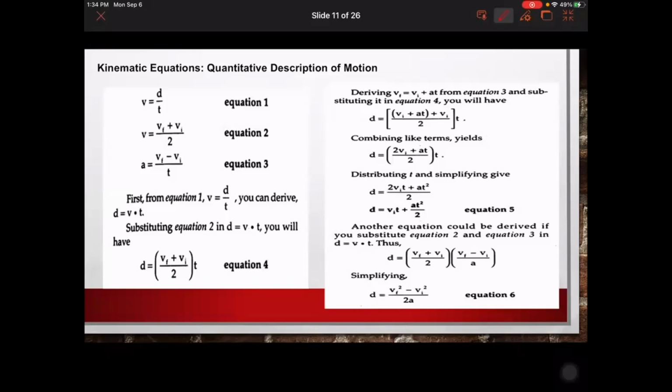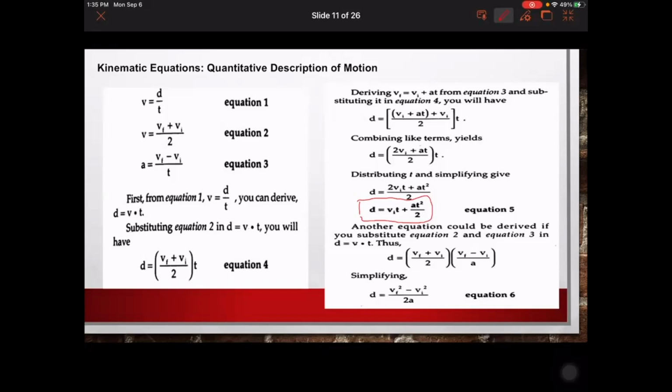So, the important formula na magkakaroon tayo dito is equation number 5. D is equal to V sub I times T plus A times T squared over 2. So, given ang initial velocity, given ang time, plus the acceleration, and the time also over the 2.